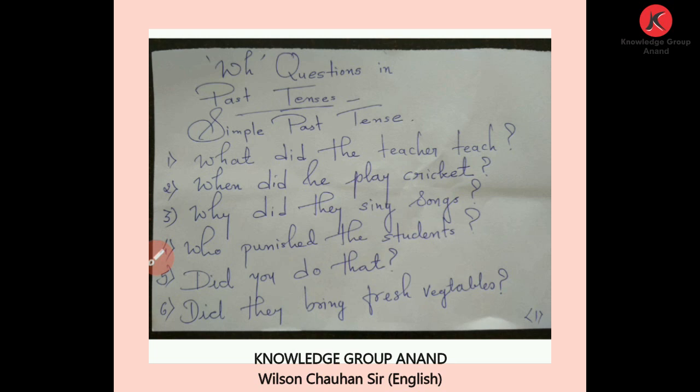Now we will look into the second sentence. The second sentence is: When did he play cricket? So now the question is with when, indicating time. We don't have to answer, we only need to change it into passive.